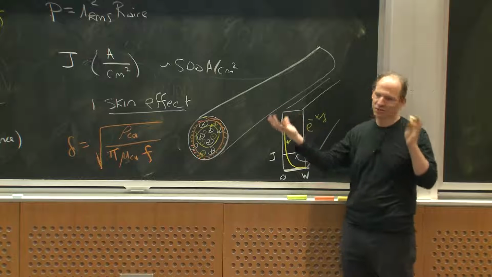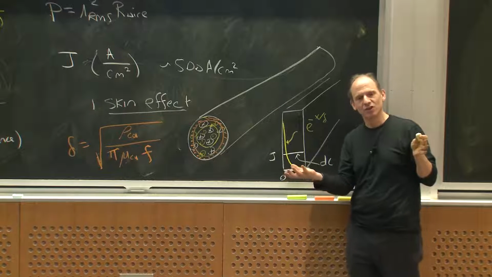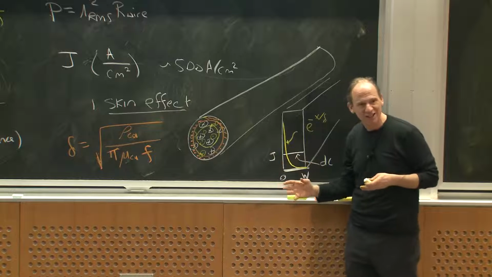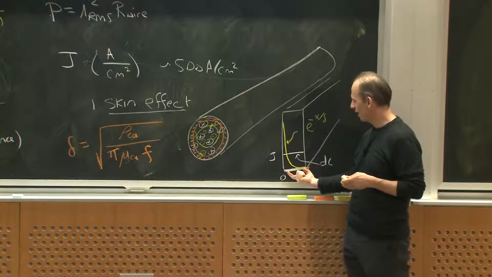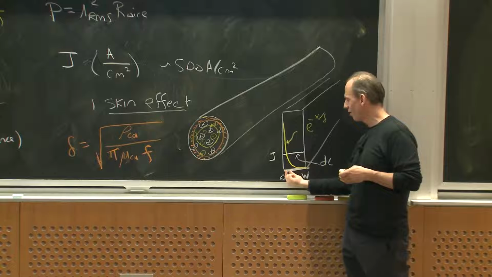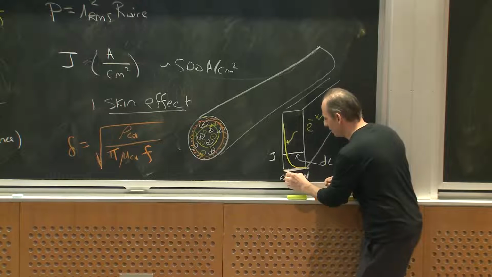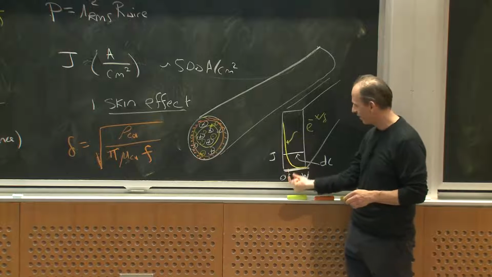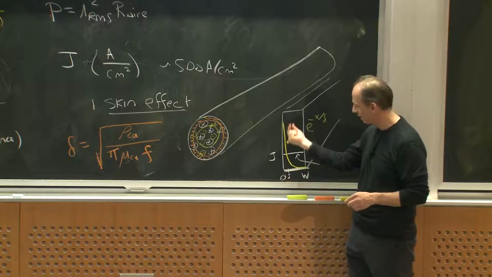It's just an interesting thing you can derive. You can think about it from a cross-sectional area carrying capability. Even though I had a wire of width W, I can only use perhaps delta of it, and I can just calculate the AC resistance as if I had the skin depth.